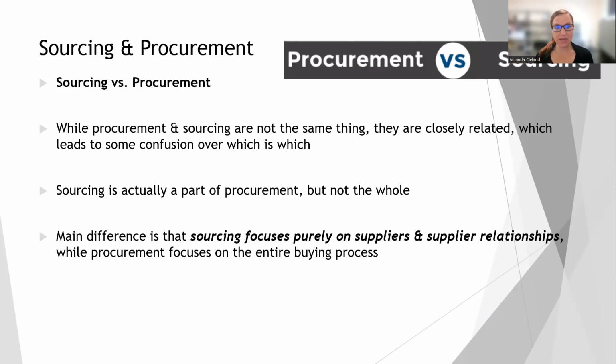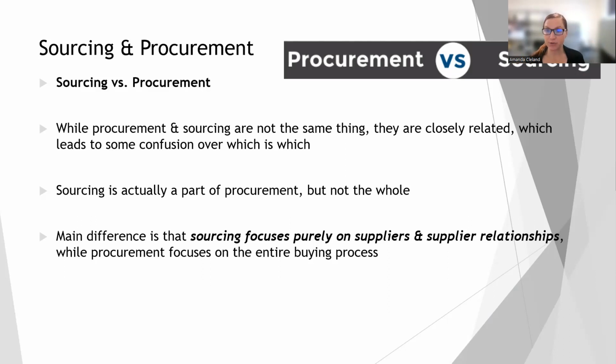So let's talk about the main difference between sourcing and procurement. While sourcing and procurement are not exactly the same thing, they are incredibly closely related, which leads to some confusion over which is which, what is the difference. So sourcing is actually a part of procurement, but it's not the whole part. Sourcing falls under the entire procurement umbrella.